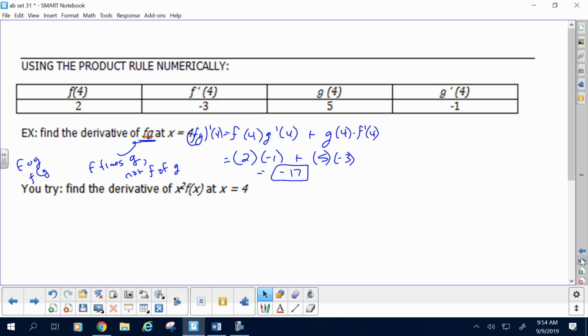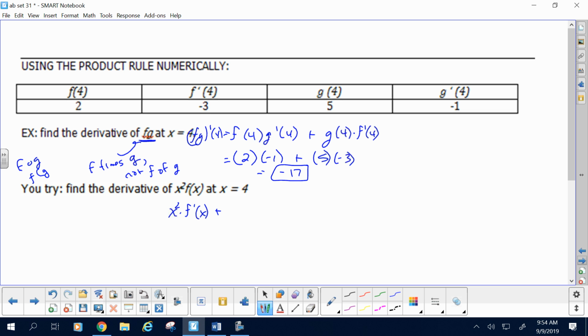Okay, Bailey Huss. When you said first stays the same derivative of the second, what'd you get there? x squared f prime of x. Okay, f prime of x. I like it. First stays the same derivative of the second. Then the second part of the product rule.